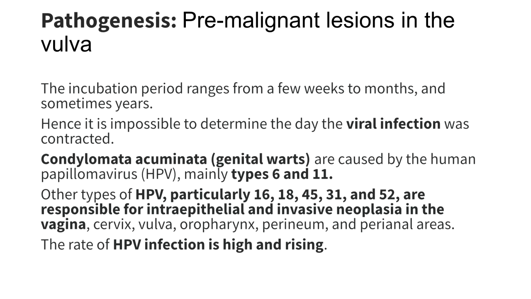Types 6 and 11 are responsible for causing genital warts, or condylomata acuminata, and other subtypes of the virus like 16, 18, 45, 31, and 52 are responsible for producing intraepithelial lesions and also invasive neoplasia and cancer in the vagina, but not only in the vagina. They can cause, as you know, cancer in the cervix, vulva, oropharynx, perineum, and perianal areas.